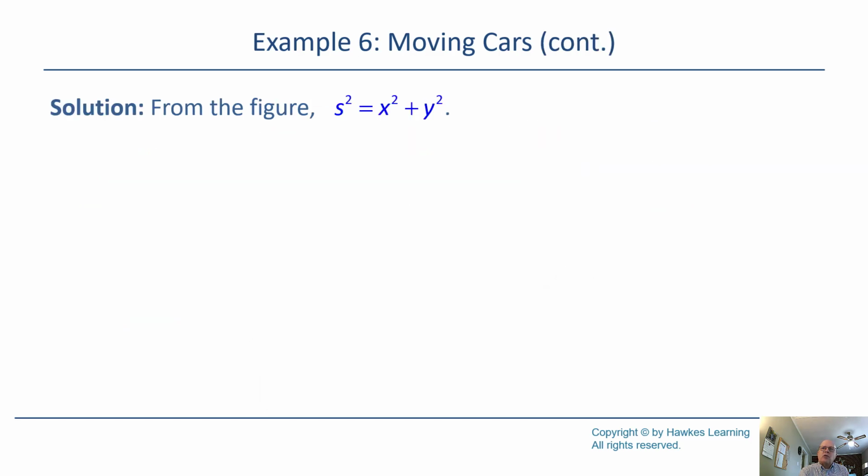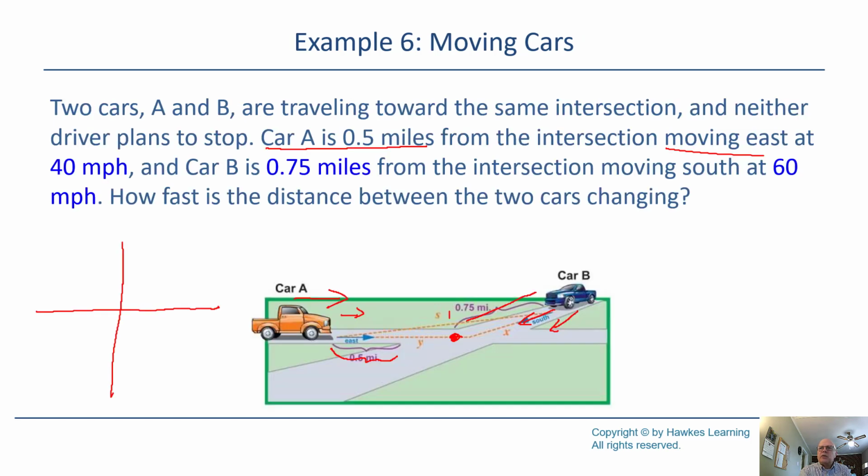From the figure, we can write it like this. If we look back here for a second, if we draw this picture, we've got car B up here, we've got car A down there. Don't worry about whether it's to scale or not.